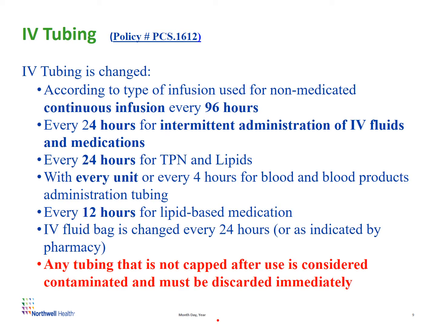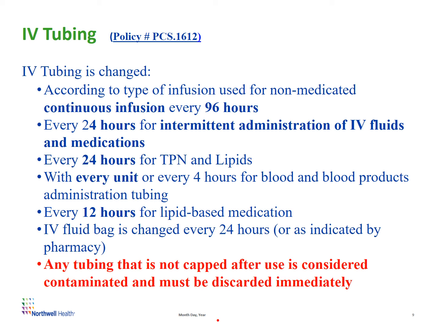The policy about the IV tubing is listed below. Basically, all types of non-medicated continuous infusions, just like Ringer's lactate or normal saline or 5% dextrose, all could be used for 96 hours or 4 days.